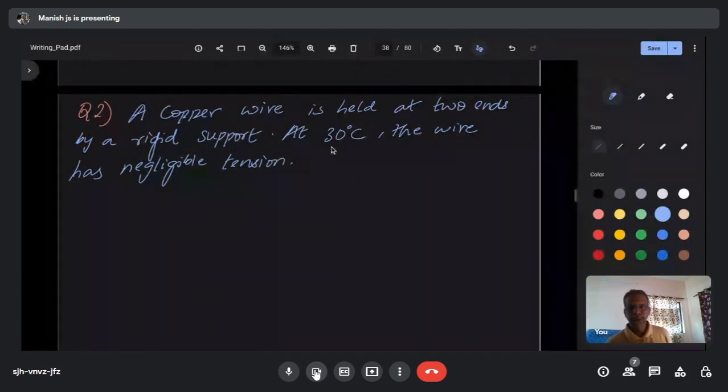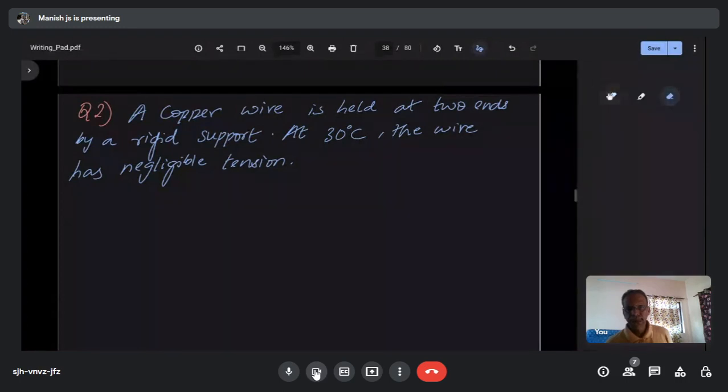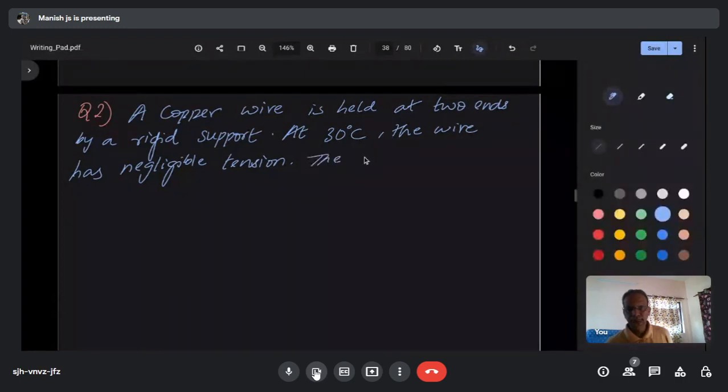Find the speed of transverse waves. இல்லைனா இப்படி போட்டுக்கலாம். The speed of transverse waves in the wire at 10 degrees Celsius is?